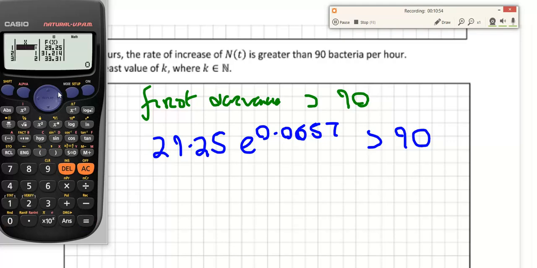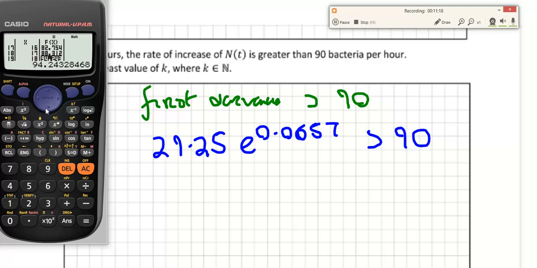Look at this. Initially, my bacteria is growing by 29 bacteria per hour. And then after 4 hours, it's growing at 38 bacteria per hour. I'm going to keep going until I see 90. There it is. But in between the 17th and 18th hour, the bacteria is growing at over 90 bacteria per hour.